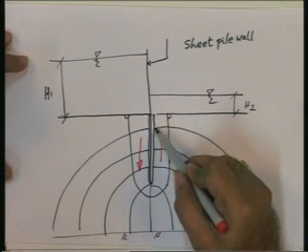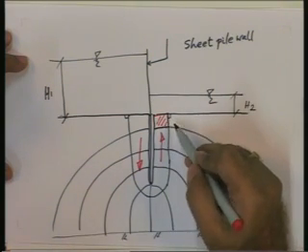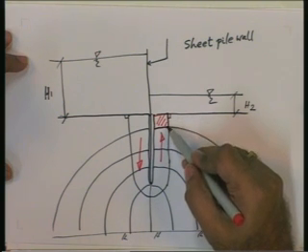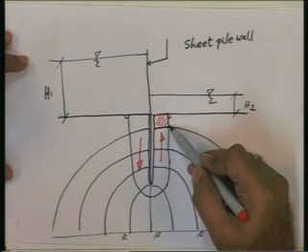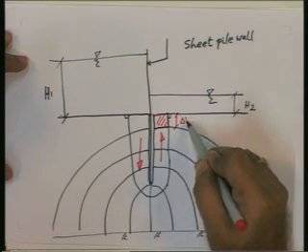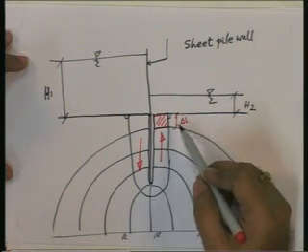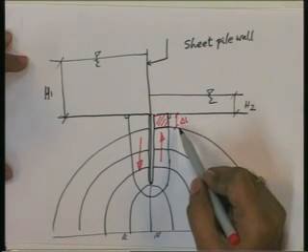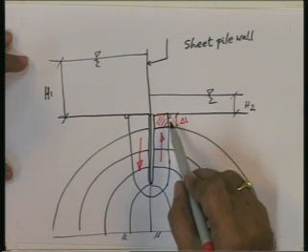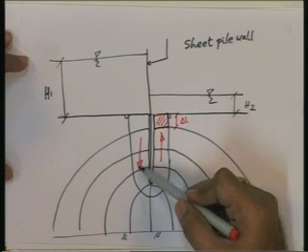Suppose this happens to be the head occurring here, the head loss occurring between these two equipotential lines happens to be delta H, and if this length happens to be delta L, this length delta L can be obtained from the flow net construction, and delta L is nothing but the length of the flow, and delta H is nothing but the head drop occurring between this equipotential line and this equipotential line, and here is a downward flow.